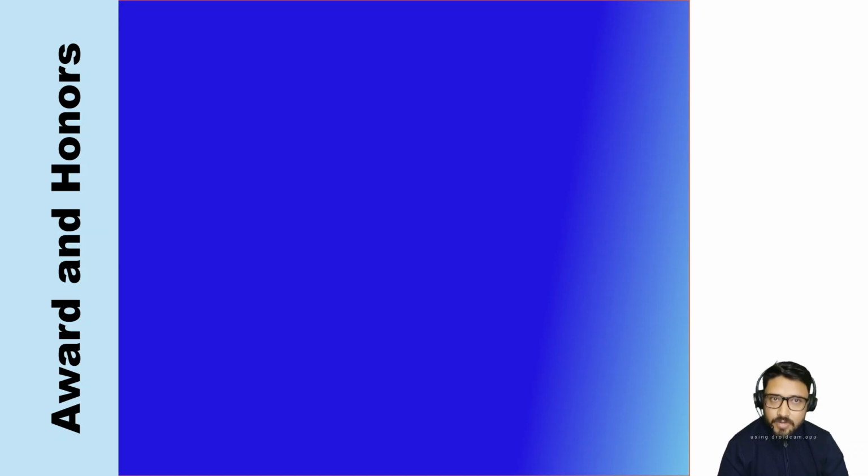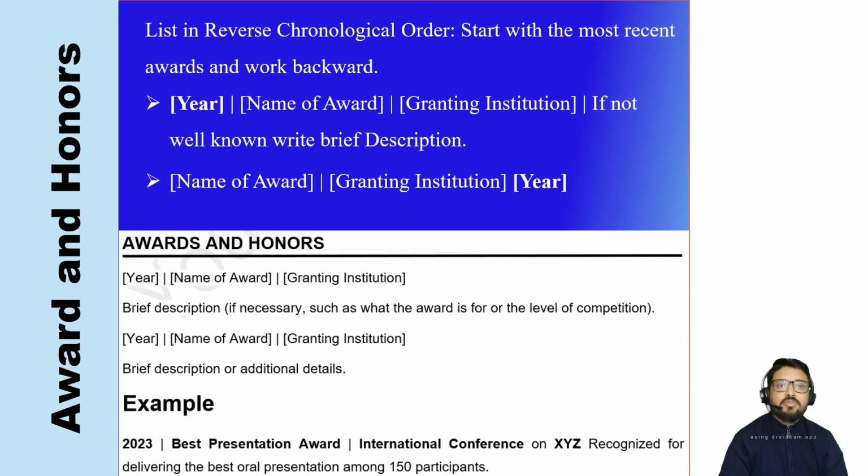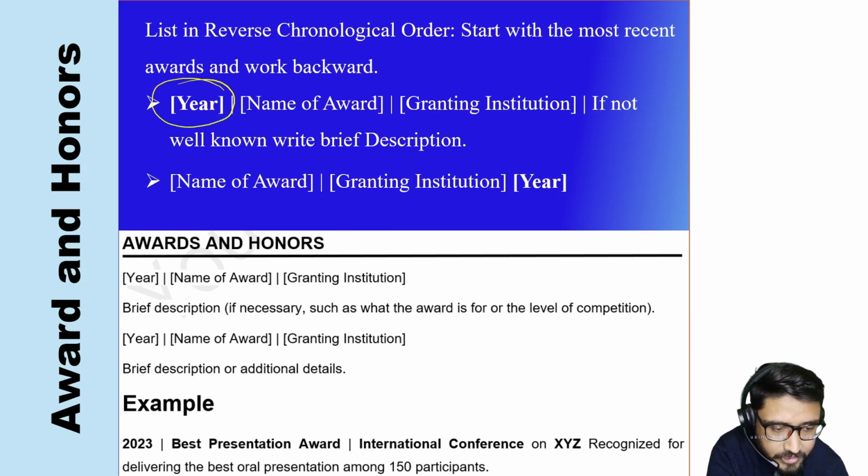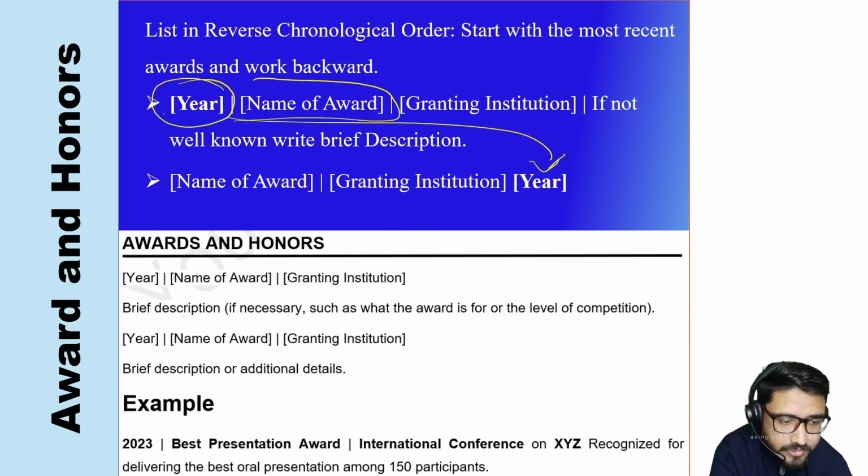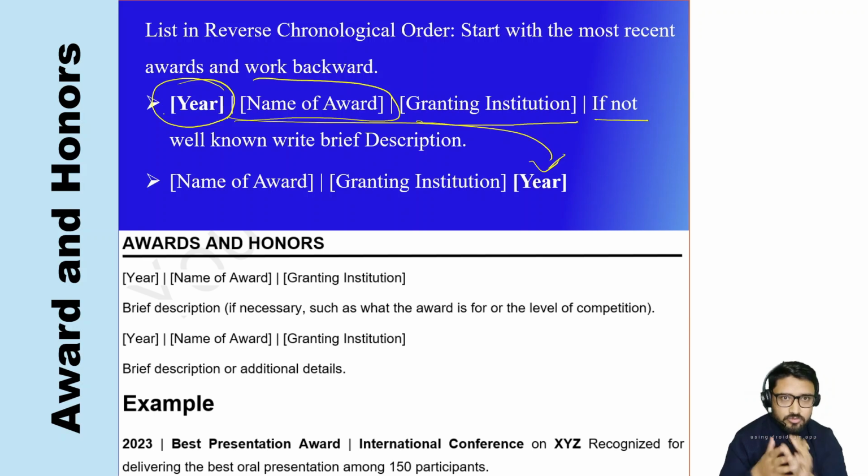Mention the name of the award and the institution or the organization that granted it, and the date you received it. Okay, like this way. Let's see. First, the year. This year can be written at the last as well. And then the name of the award and who is granting you the award.